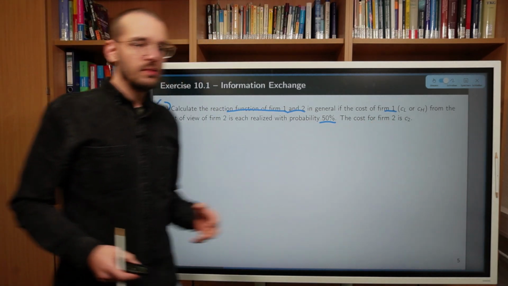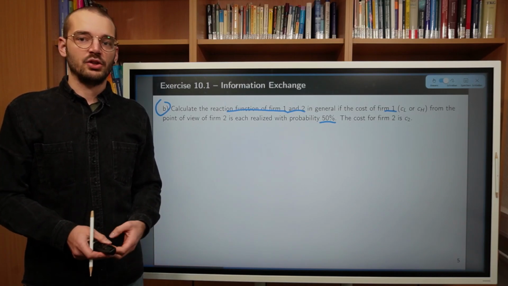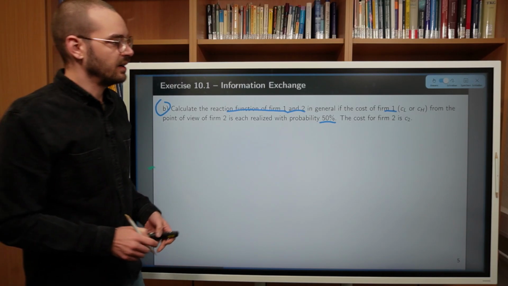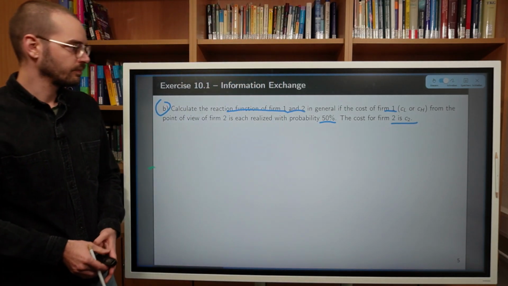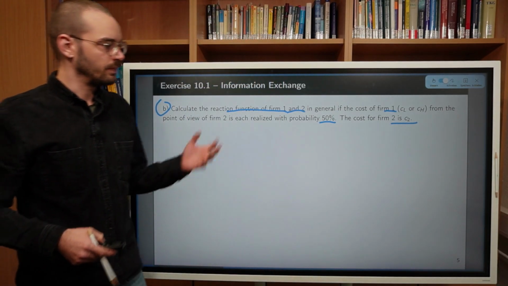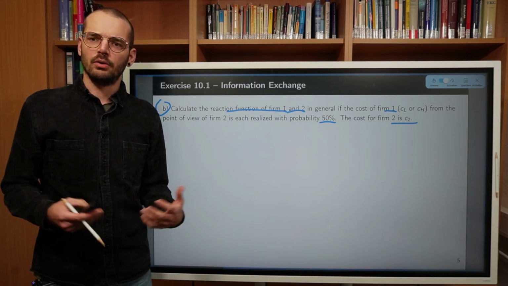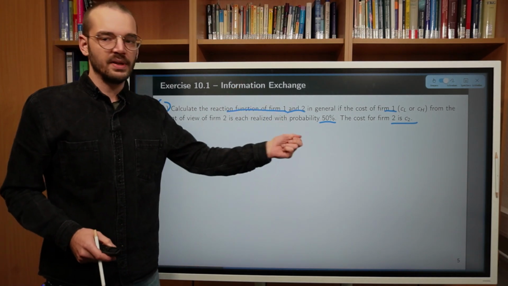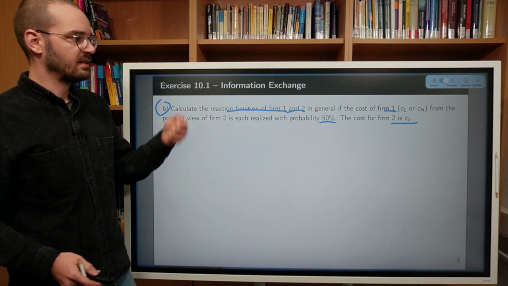The costs of firm 2 are not private information, they are public information, all firms know this, and are going to be labeled C2. For now we are not going to make any assumptions on whether firm 2 is going to have high or low costs, but we know that there is no probability behind this; instead it is deterministic, unlike the cost of firm 1.